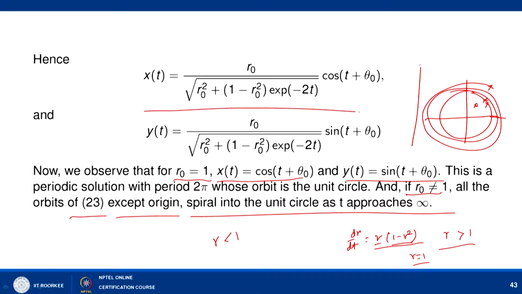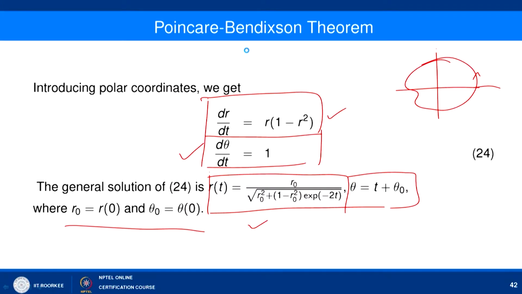And if you look at x t and y t, these are periodic functions. So x t equals r t cos of t plus theta naught. If I look at t plus 2 pi, then what will x of t plus 2 pi be?